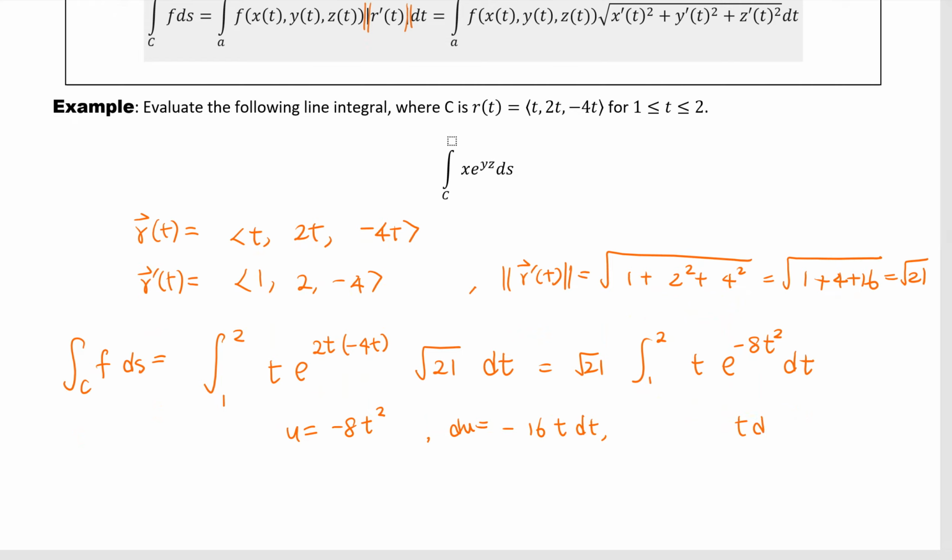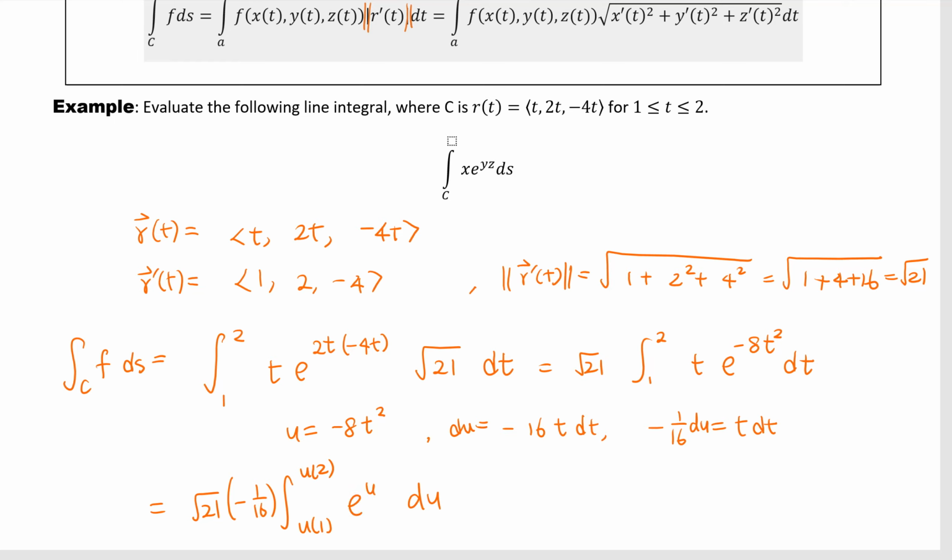Then t dt is minus 1 over 16 du. So our integral equals square root of 21, integral from u of 1 to u of 2, t dt is negative 1 over 16 du. So don't forget the parentheses, otherwise it looks like square root of 21 minus 1 over 16.